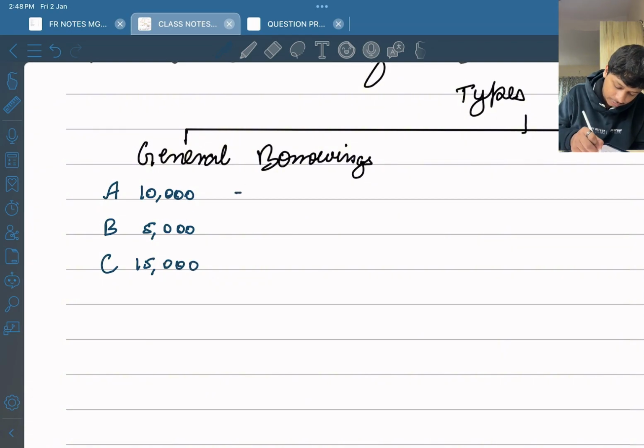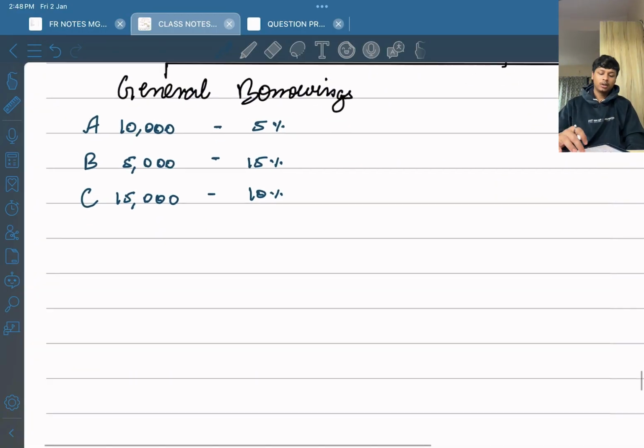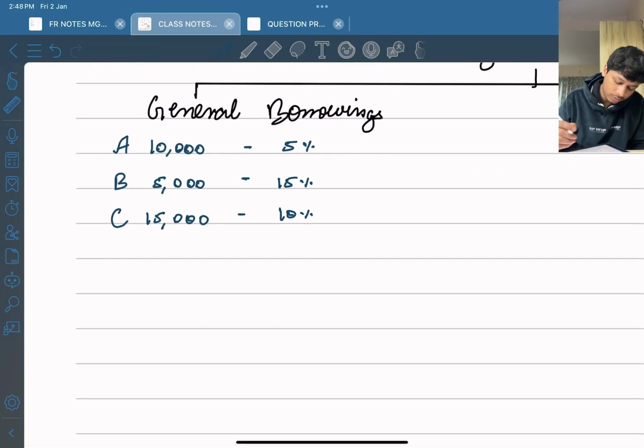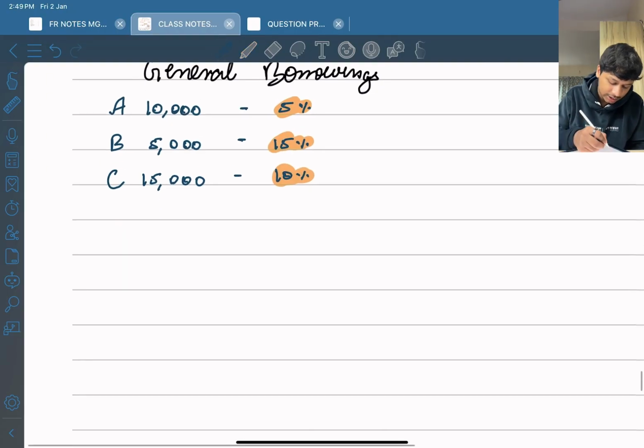The interest for these three is 5%, 15%, and 10%. Now the question is, how much will we take? We will take 5%, or 15%, or 10%? We will not take either of them. We will see a formula.